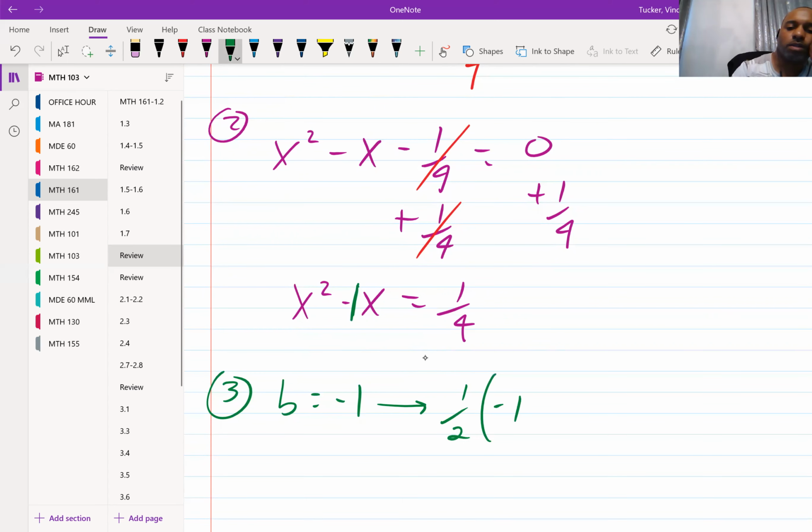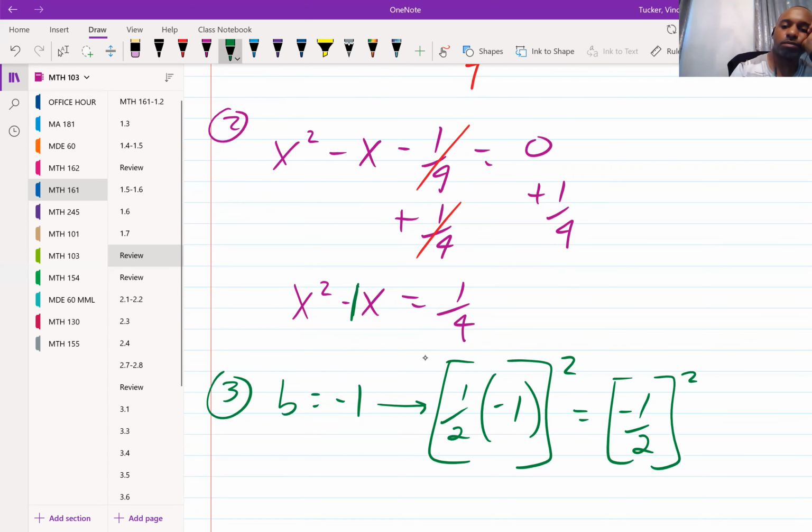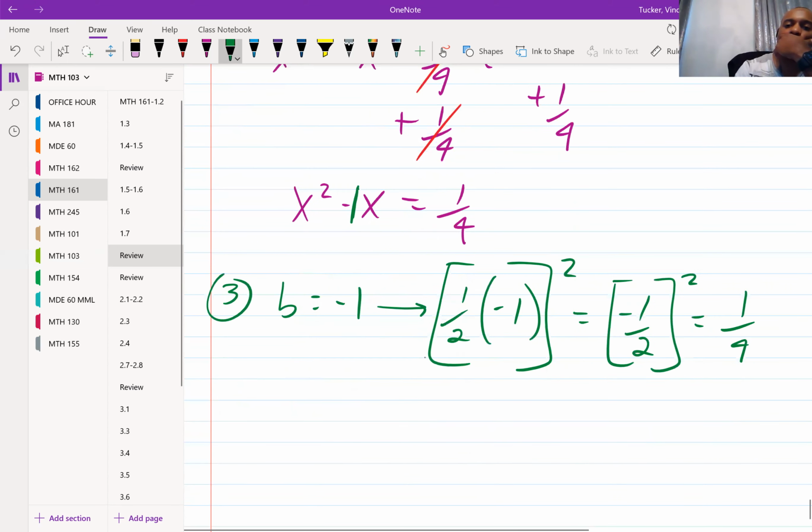So half of -1 and then square it. Half of -1 is just multiplication: 1/2 times -1 is -1/2. And square that, that's positive 1/4. Then we add that 1/4 to both sides of the equation.